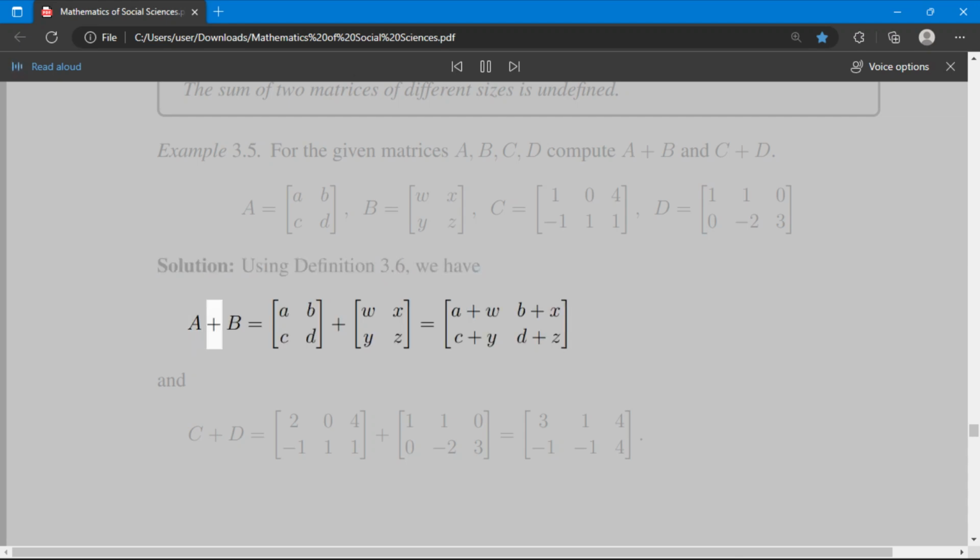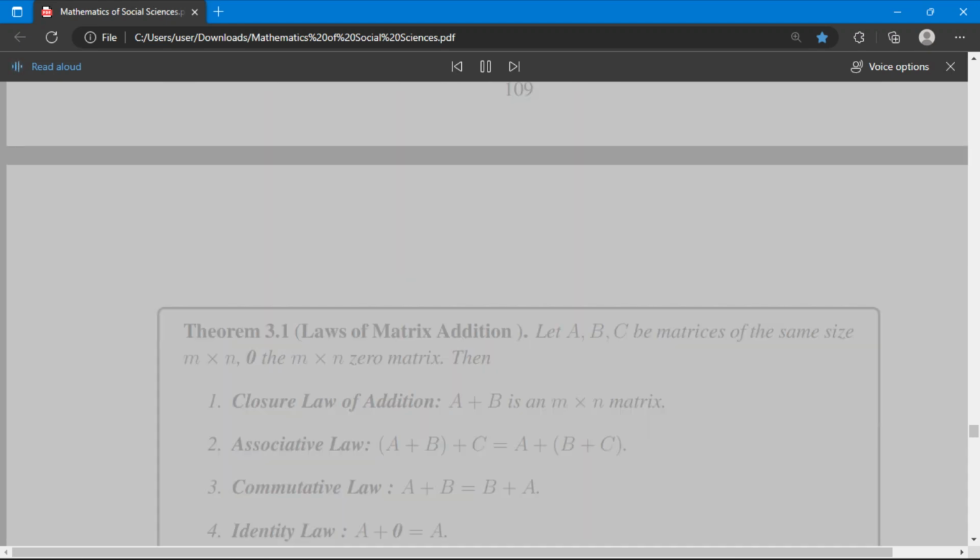Using definition 3.6, we have A plus B equals A B C D plus W X Y Z equals A plus W, B plus X, C plus Y, D plus Z. And C plus D equals the sum of the two given matrices, which gives the result.